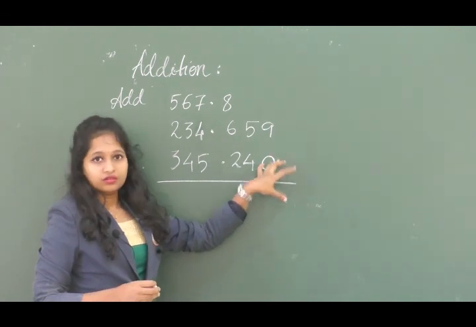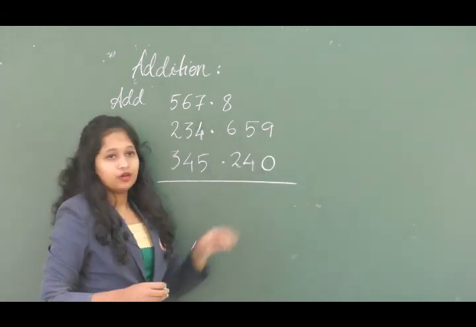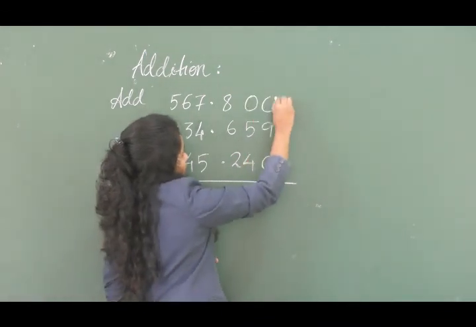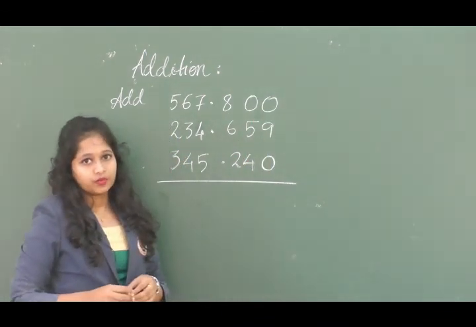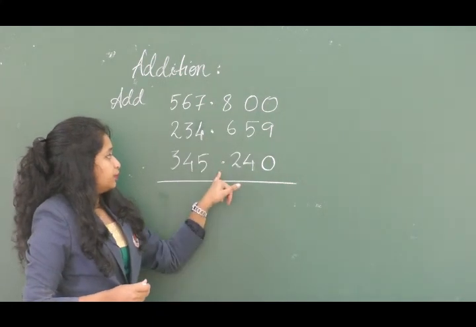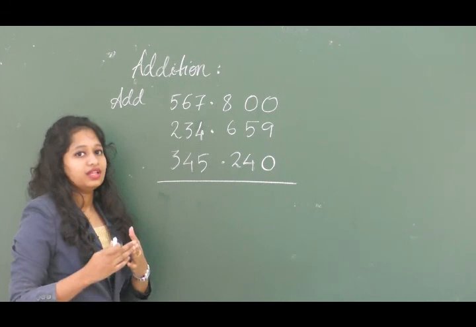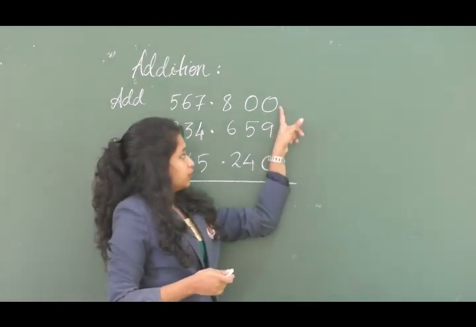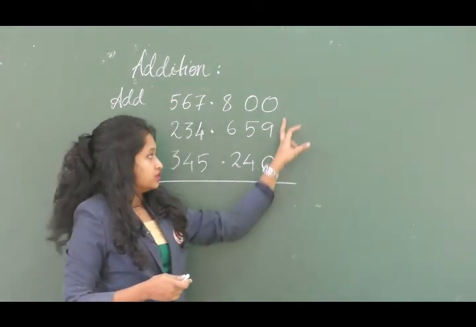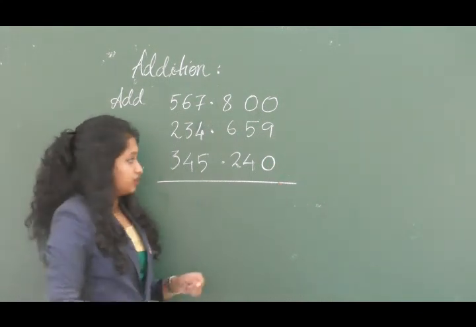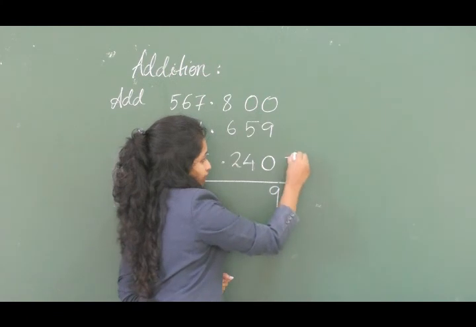So both these have become like decimals now, and similarly the other number also. And make sure the points come in a line. And now let's add. So when you add all this, 0 plus 9 plus 0, we get 9.